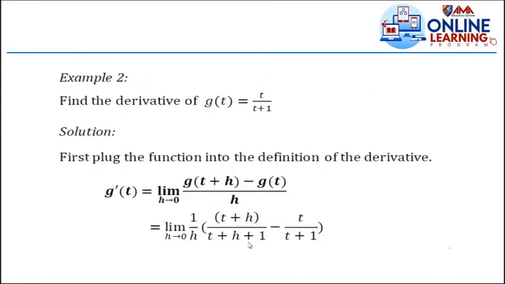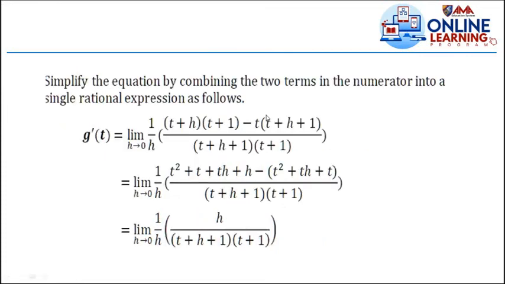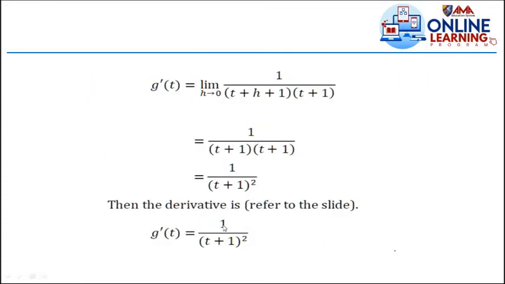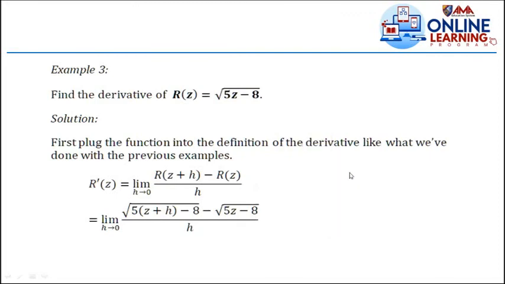From our original equation, which is g sub t is equal to t all over t plus 1, if we're going to get the first derivative, we're going to have 1 all over the quantity t plus 1 raised to 2. So that is our answer.